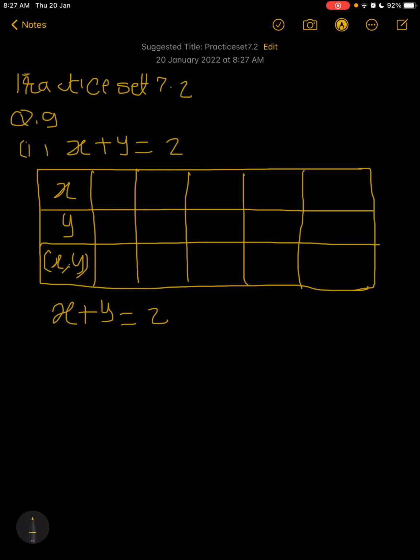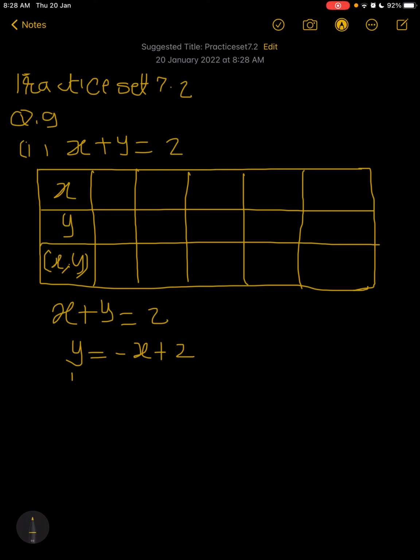First I am going to write the equation in the pattern y is equal to ax plus b. Let us write y. X I will bring to the other side as minus x plus 2. After I have arranged the equation as y is equal to minus x plus 2, now take any number for x in the range of 0 to 5.